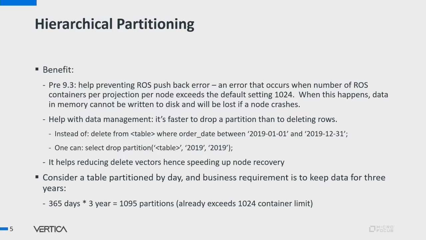So let's consider a table partitioned by day, and the business requirement is to keep the data for 3 years. As you can see here, with 3 years of data and 360 days per year, there are already 1,095 partitions, and that already exceeds the 1,024 limit set by Vertica.